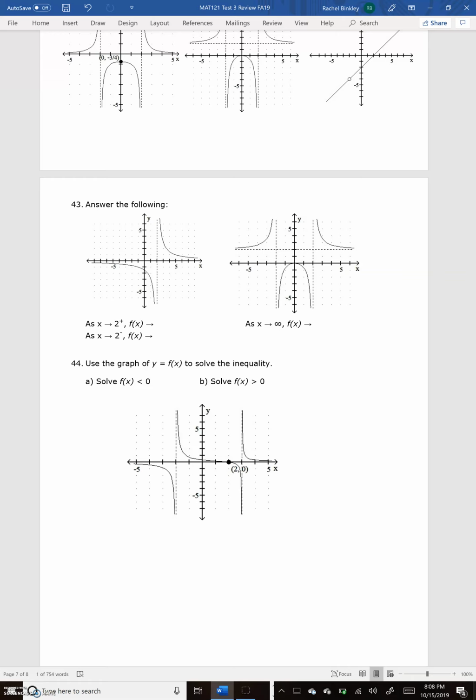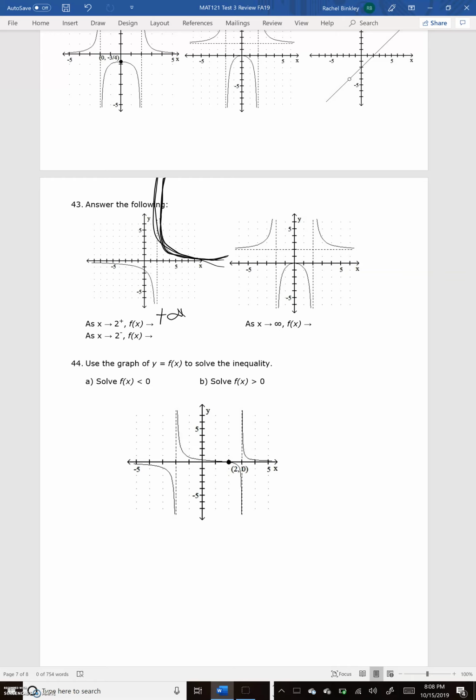As x approaches 2, and this means from the positive side, or you could say from the right-hand side. I feel like both are commonly used. So as x approaches positive 2 from the right-hand side, what's happening to the function? How high is it getting? It is going to positive infinity.